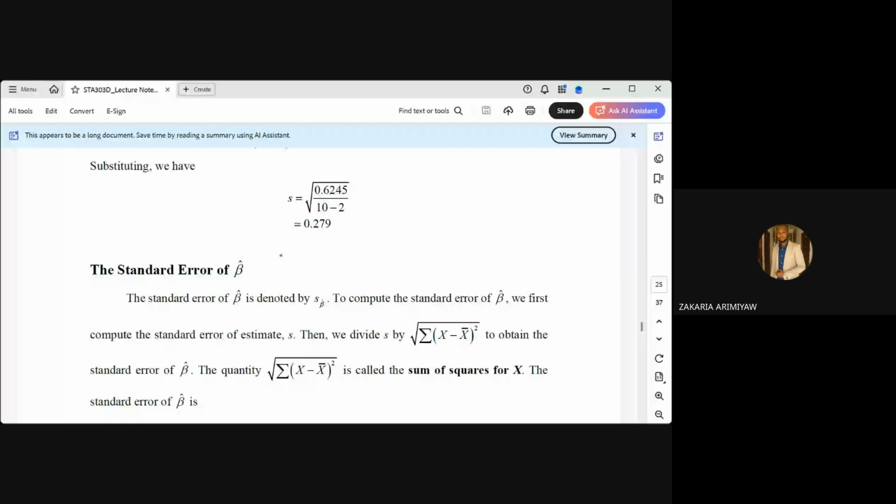As indicated, the standard error is like a standard deviation of an estimate. The estimate here is y cap, the estimated values. When you hear the term standard error, it means the standard deviation for an estimate.